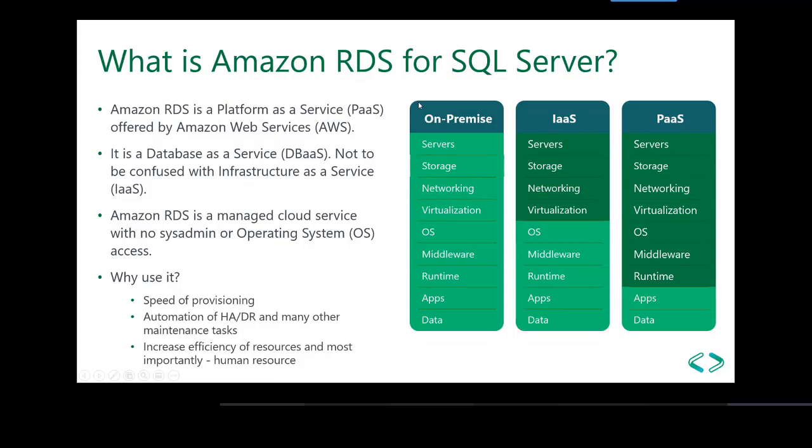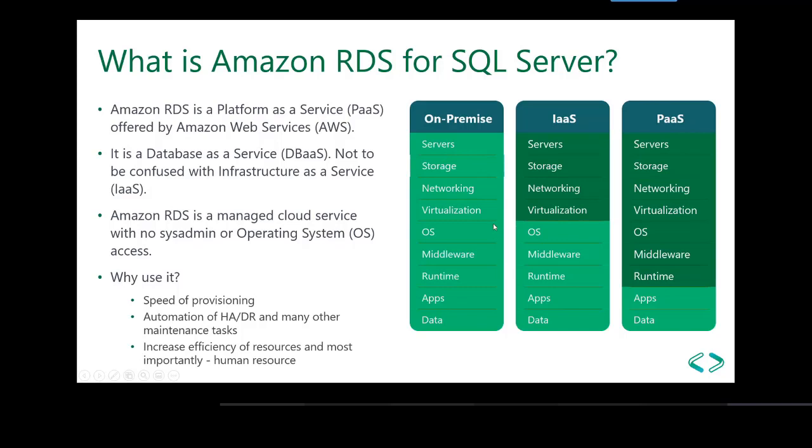On this screen you will also see a comparison between on-premises, which is your own data center, and infrastructure as a service and platform as a service. The lighter green means that these are your responsibilities.